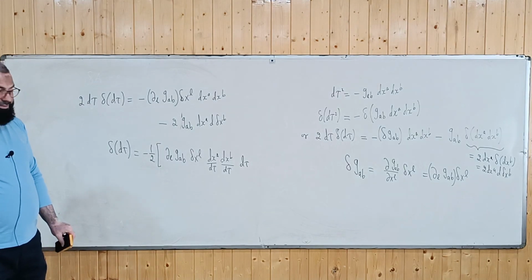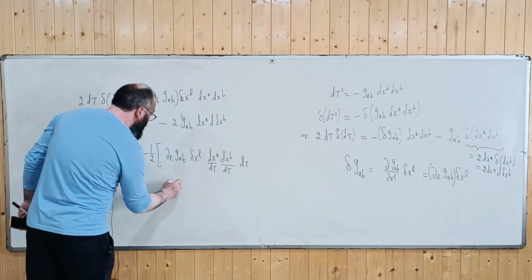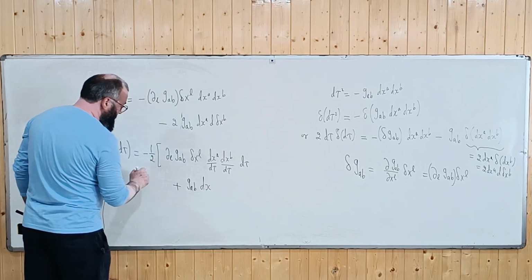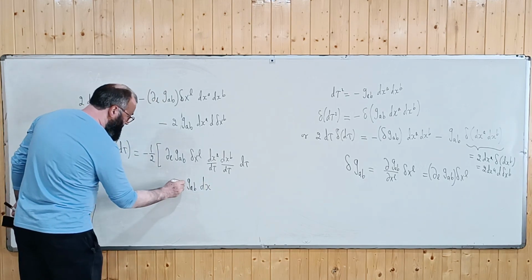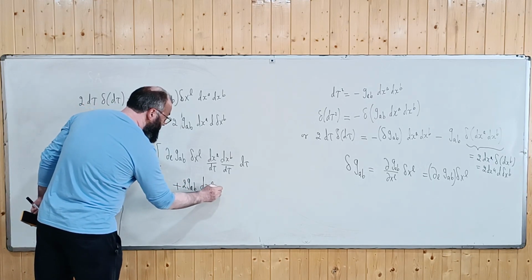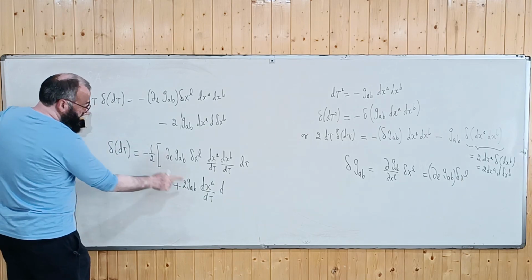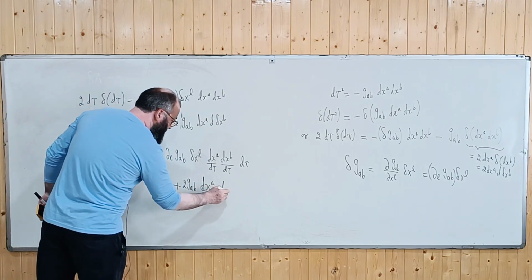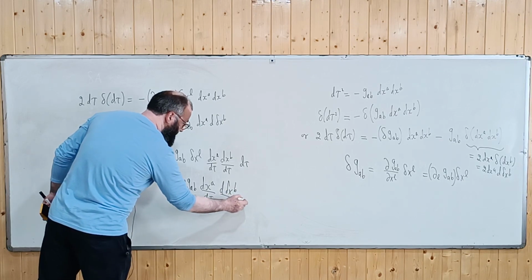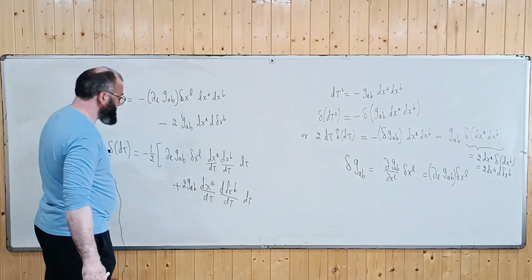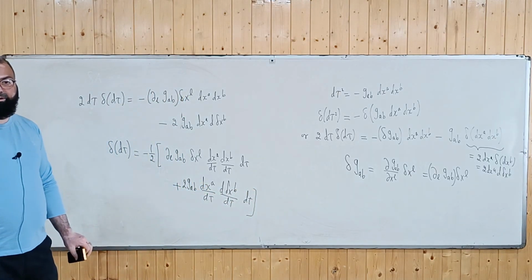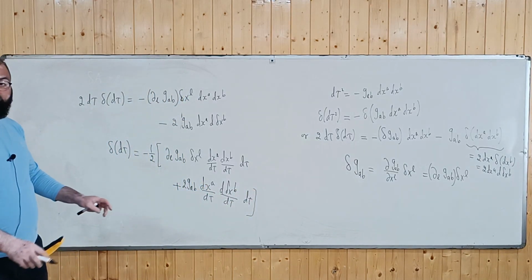Then you have plus twice g_ab dx^a by d tau, and for this term I put a d tau and multiply by d tau. So this is our variation in tau.